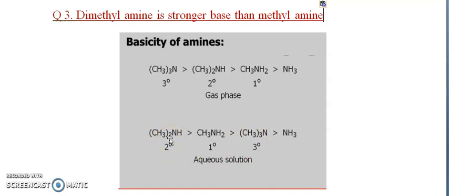Why? Now the concept of steric hindrance comes into the picture.